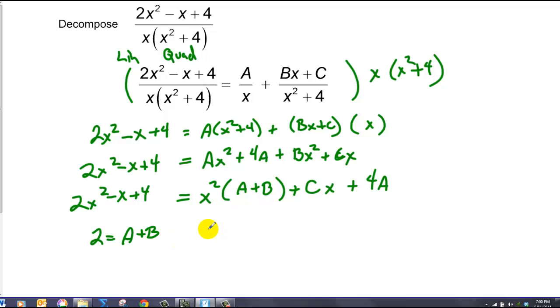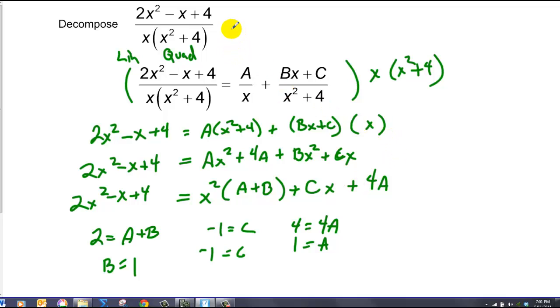I can say that negative 1 equals c, and I can say that 4 is equal to 4a. So in this case, a is going to equal 1, c is going to equal negative 1, and if a is equal to 1 and a plus b is equal to 2, that means b equals 1 as well.